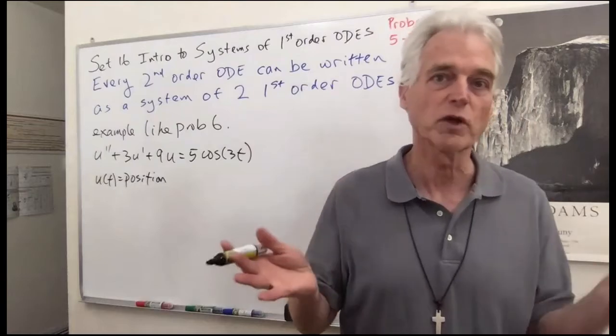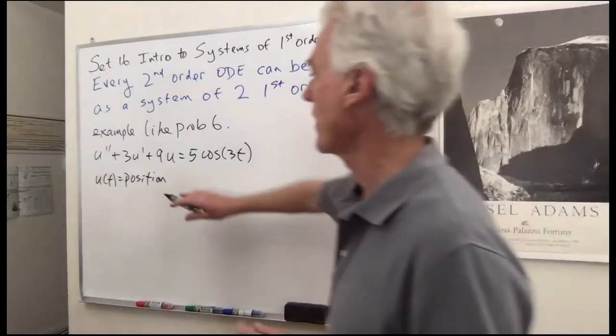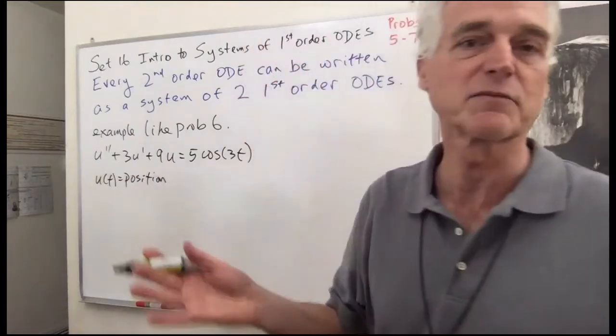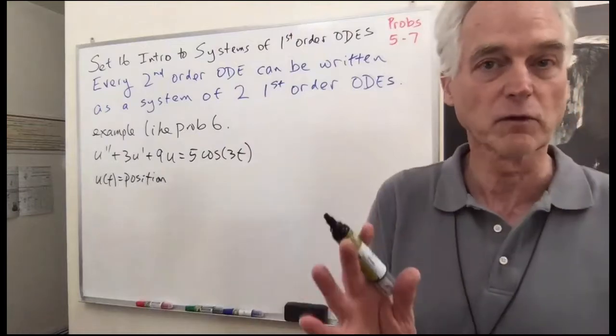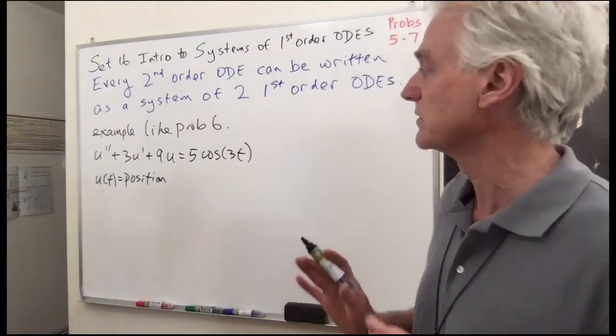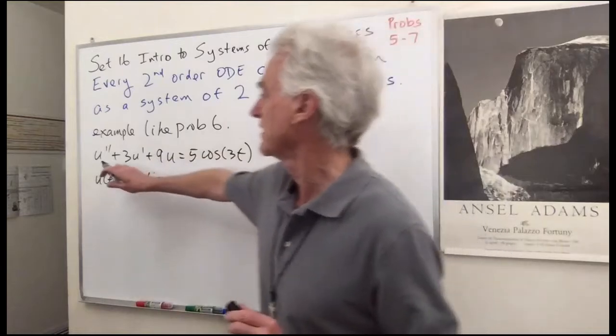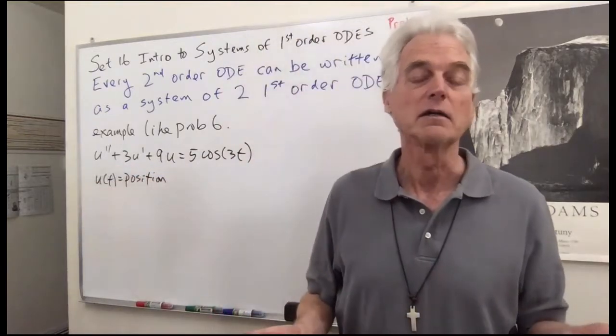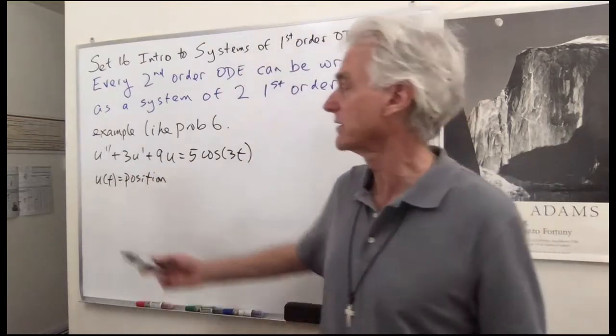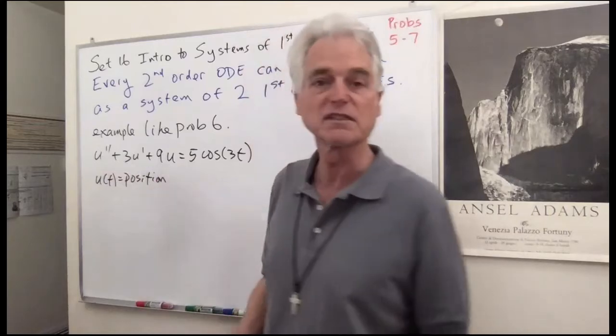The textbook does as well, but a lot of the web problems in the past have used y. It doesn't matter. Hopefully you can be flexible about the name of the dependent variables. So this is a driven, damped mass on a spring. Here's the mass, there's the spring constant 9.